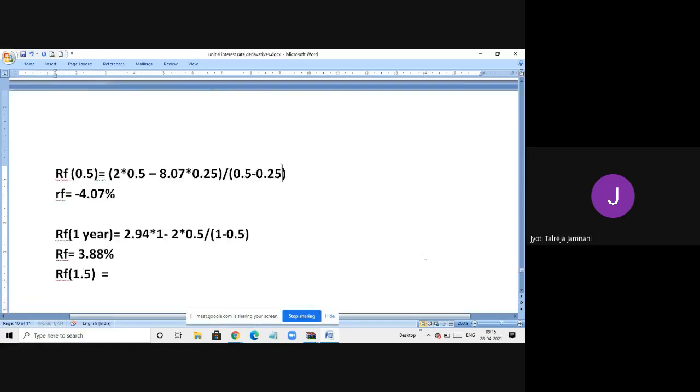So we'll put the values in the formula and solve. 1.5 into 6.23 is the rate, so 6.23 into 1.5 minus 2.94 into 1 divided by T2 minus T1, that is 1.5 minus 1 year.